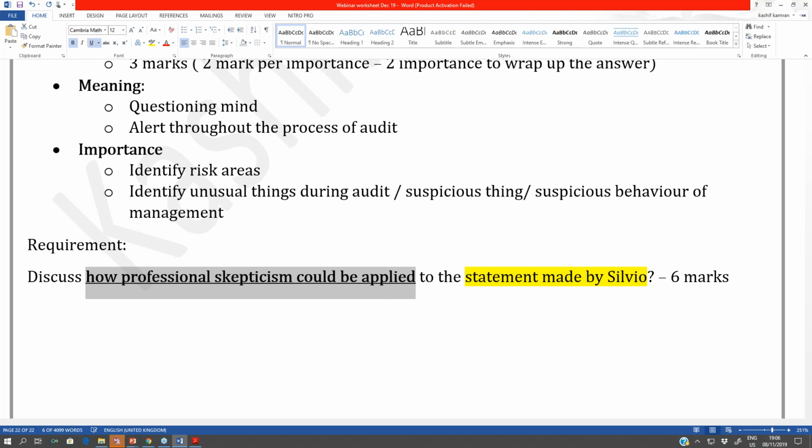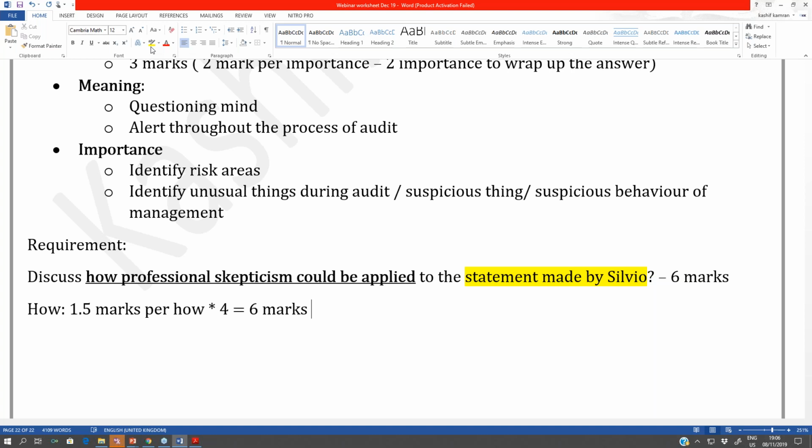Now for every how, 1.5 marks per how, times 4, and you get your 6 marks. So we need to read the statement made by Silvio, right? And by reading it, we need to think how professional skepticism could be applied. And for every how, we will be scoring 1.5 marks. So let's go through the statement, and let's make a sketch answer for 6 marks.